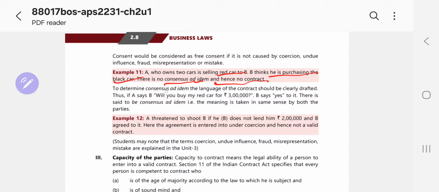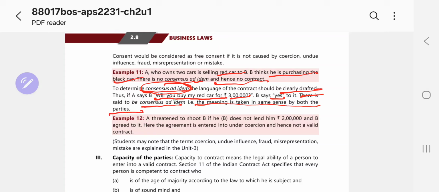To determine the consensus ad idem, so remember this term, the language of the contract should be clearly drafted. So here comes the part of a written contract. Thus, if A says to B, will you buy my red car for 3 lakh? B says yes to it. There is said to be consensus ad idem, that is, the meaning is taken in the same sense by both the parties.